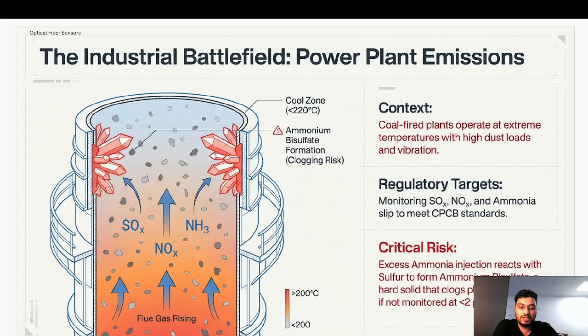So they need to maintain the concentration at the ppm level or even below that ppm level, so that it should not be harmful for the environment.